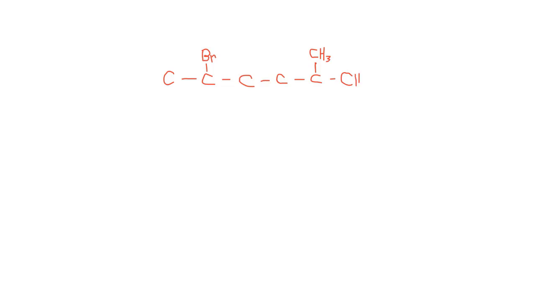All right. So for this compound, what's the longest carbon chain? How many carbons is it? Yep, it is a hexane. It is 6. This one you can, if you want to, just go straight across.